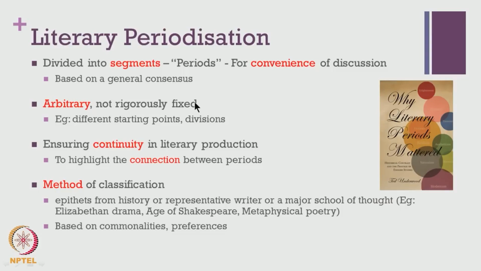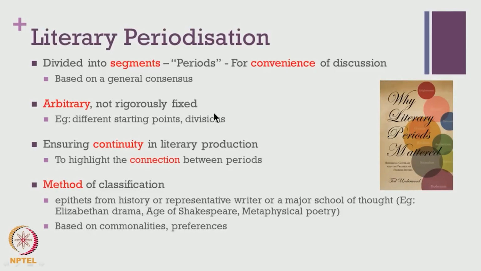This division into segments, which are loosely termed as periods, is primarily for the convenience of discussion, because it would be easier to club a set of authors or a set of writings or particular modes of production into different segments and periods. And this periodization is also based on a general consensus, so that all of us know what we are talking about. It is easier to refer to an age, and immediately the image of the age will come to everyone's mind. That makes the discussion more lively, and the understanding is also enhanced.